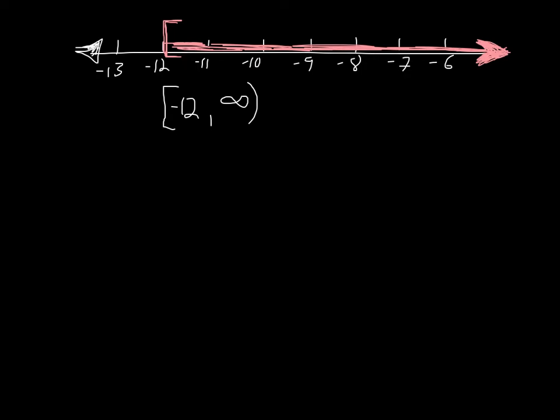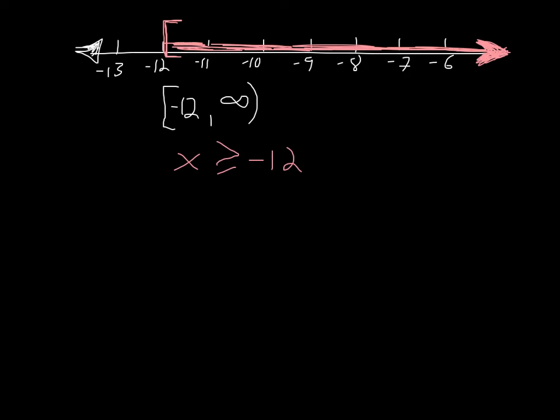So what does this mean? Well, every value that is greater than or equal to negative 12 is shaded in. So we can just write that down. X is greater than or equal to negative 12. If we really, really want to, we can also say that x is less than positive infinity.